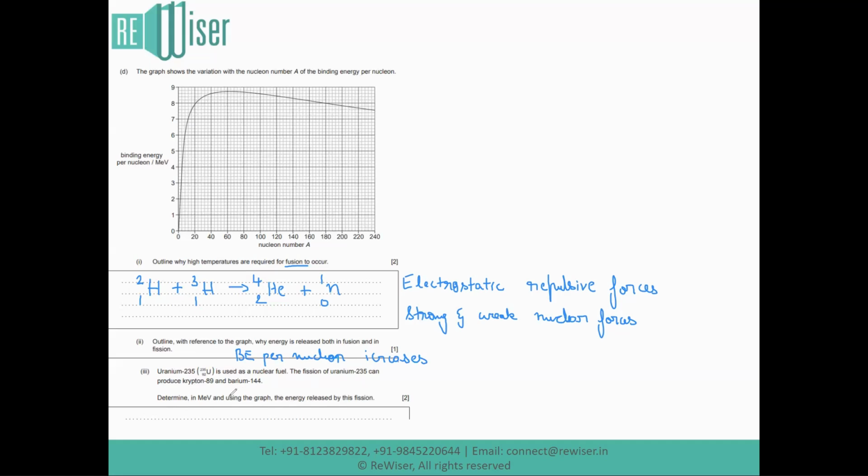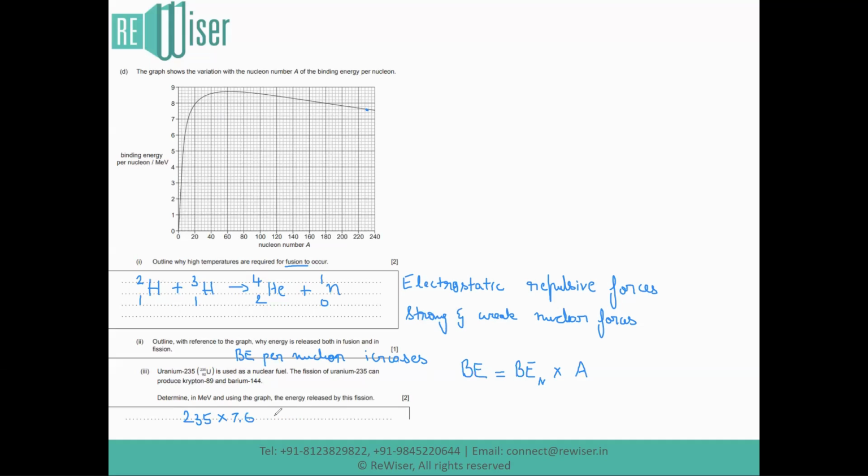We understand that the binding energy is calculated by the equation: total binding energy for a particular nucleus is equivalent to the binding energy per nucleon multiplied by the mass number of the particular nucleus, which is denoted by A. We notice that uranium has a mass number of 235, which is multiplied by its approximate binding energy per nucleon value, which turns out to be approximately 7.6.